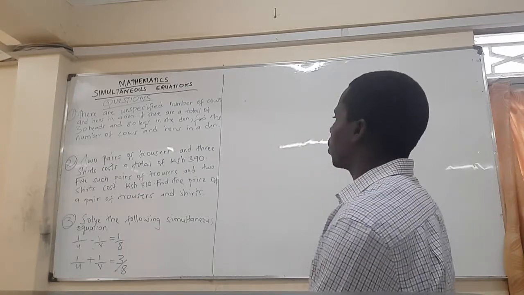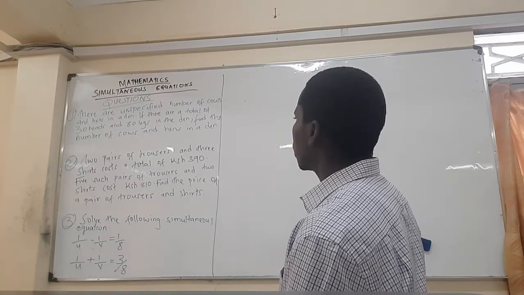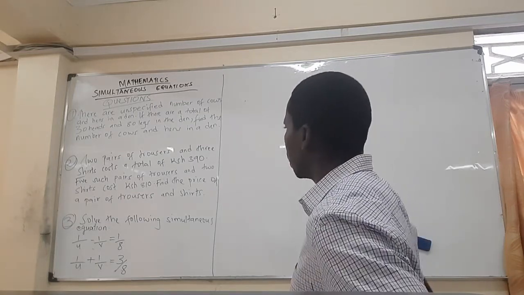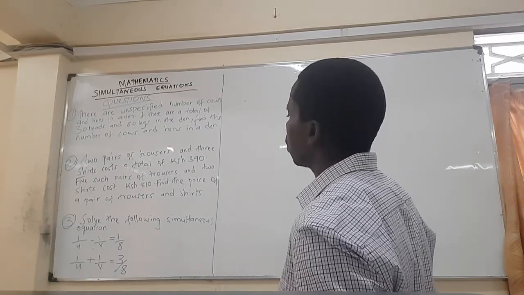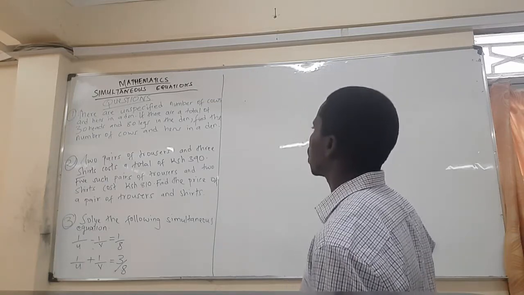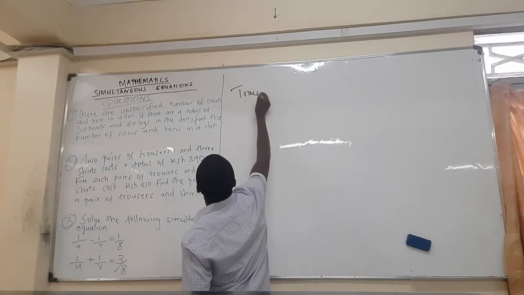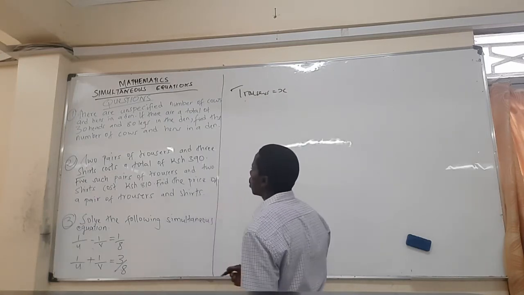We need to form a simultaneous equation because we have 2 pairs of trousers and a shirt. So we have a shirt and a trouser here, and we don't know what each of them costs. So we can first say we give the trousers to be x, or any other unknown term you want to use.